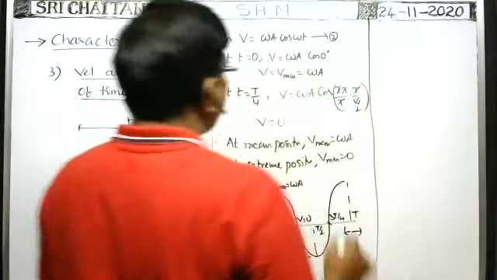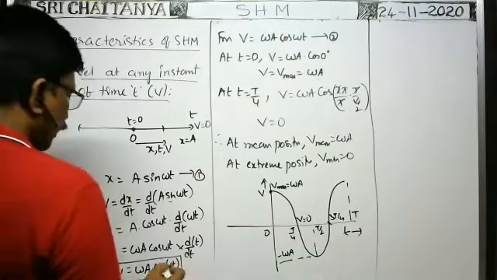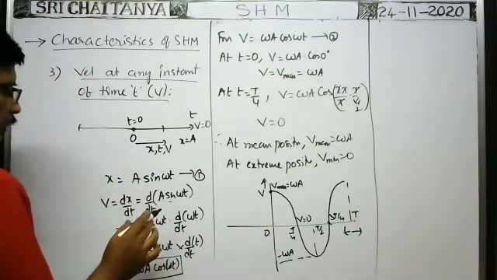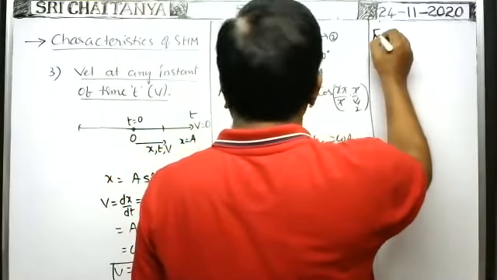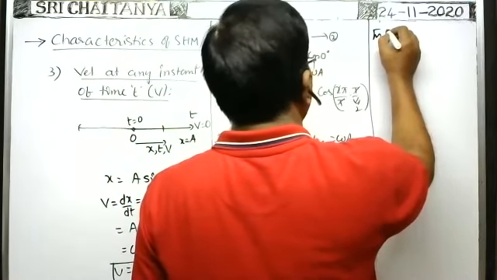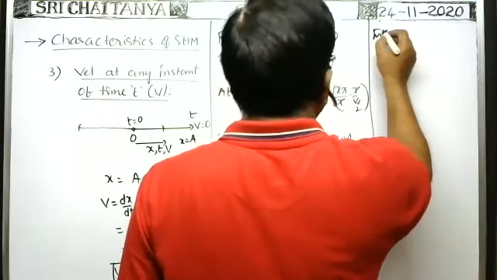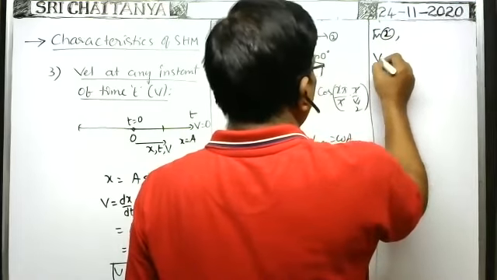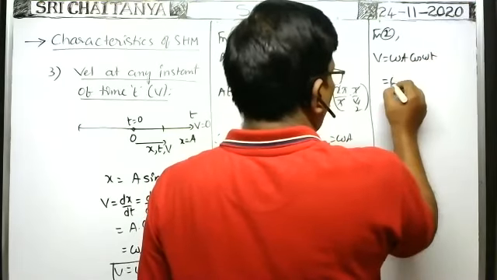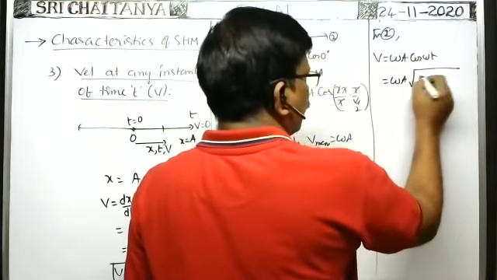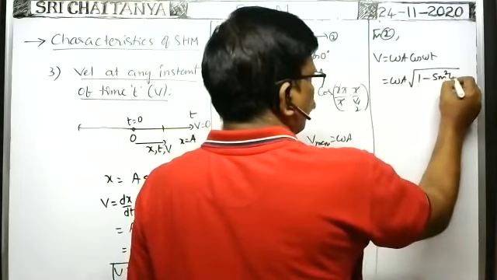Next, here is the formula for the velocity of the particle in SHM in terms of time. In terms of displacement, we need it. So from equation 2, v is equal to omega a cos omega t. Cos omega t can be written as square root of 1 minus sin square omega t.